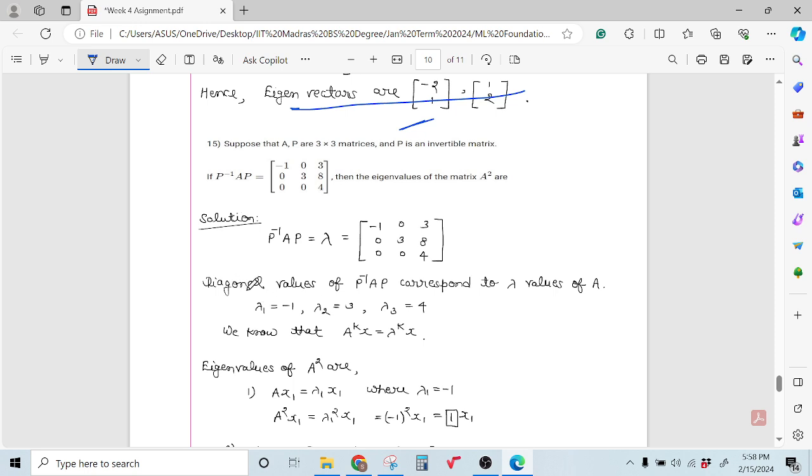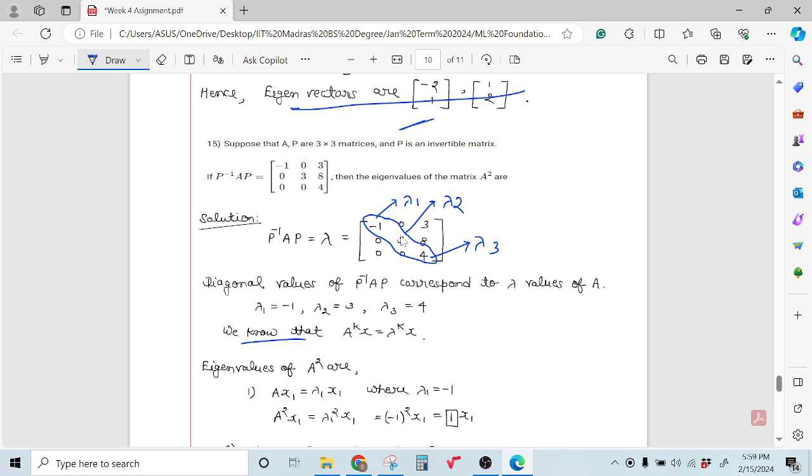The diagonal values of P inverse AP correspond to the eigenvalues of A. This is lambda 1, this is lambda 2, and this is lambda 3.